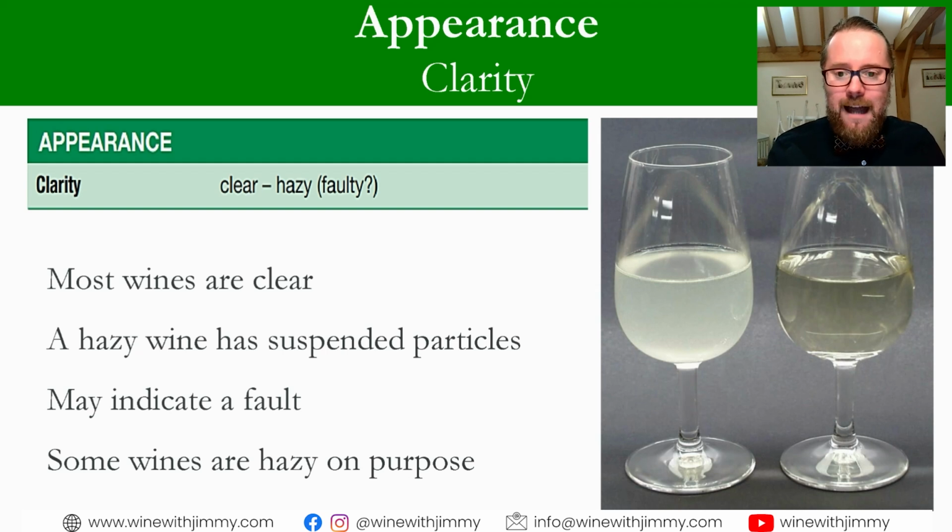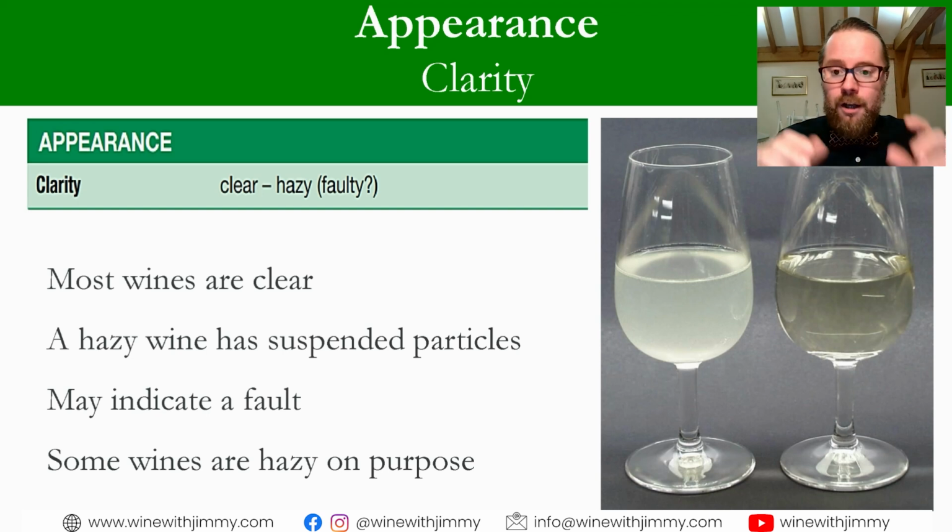Haziness that you see on the glass on the left-hand side is caused by particles suspended in the wine. If a wine has an unusually high amount of suspended particles, then we can describe it as hazy. It may indicate a fault, but the precise nature of the fault can normally only be determined by assessing the wine on the nose and on the palate.